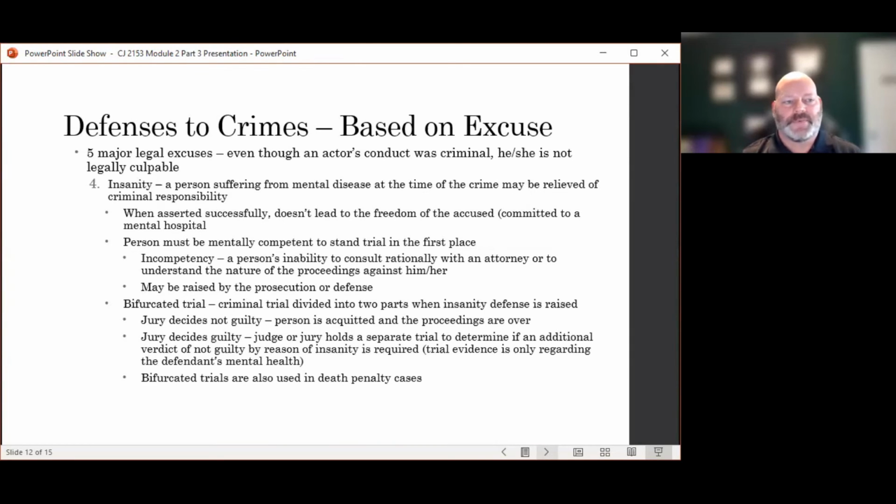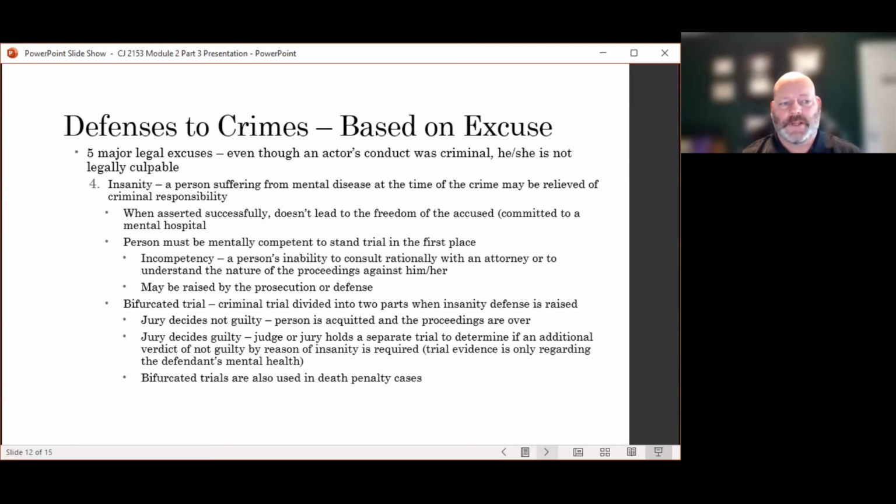This type of defense may be raised by the prosecution or the defense in a case. In terms of insanity, what will lead to a bifurcated trial, a criminal trial that's divided into two parts, is when the insanity defense is raised. The jury decides not guilty, and the person is acquitted and the proceedings are over.